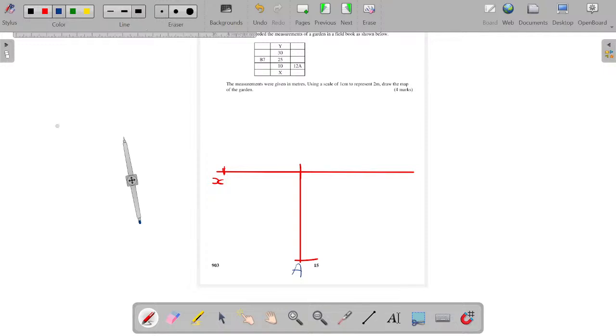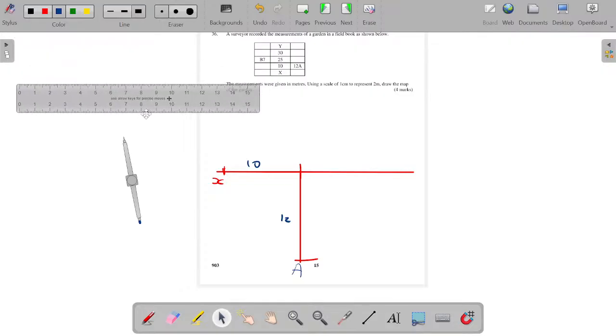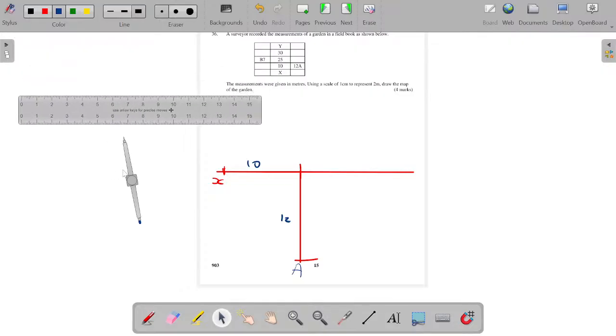And this is 10. From here to there again another 15. 15 is like measuring 7.5. Let me measure 7.5, learners.